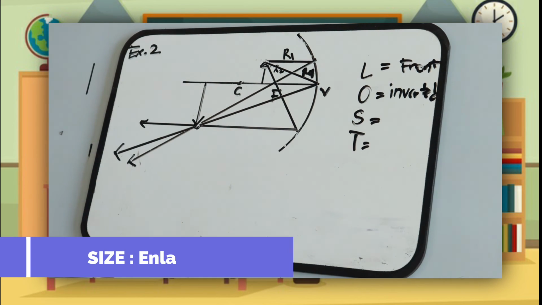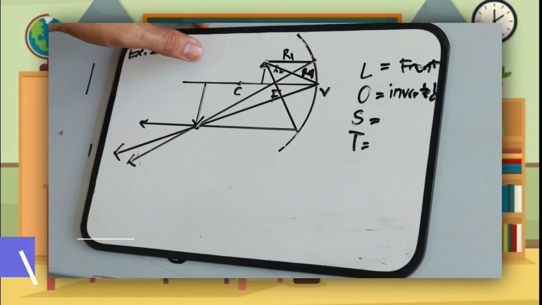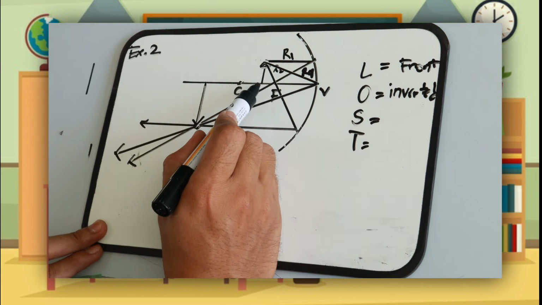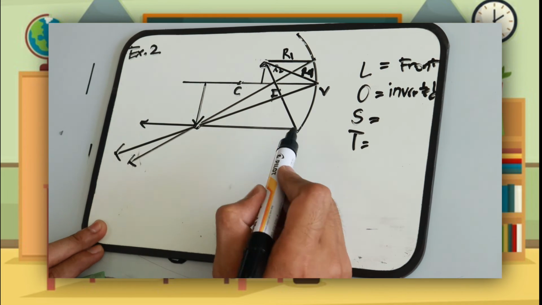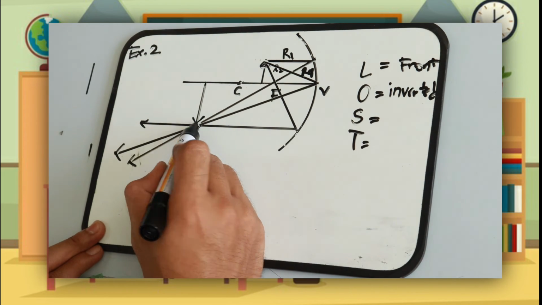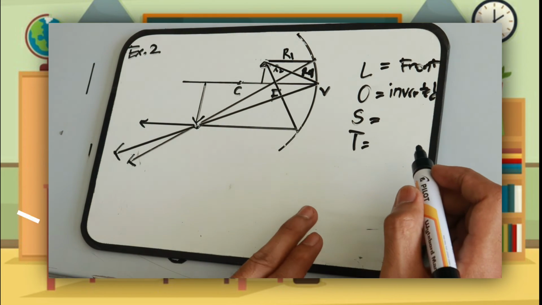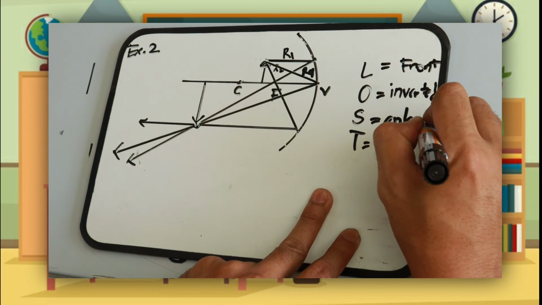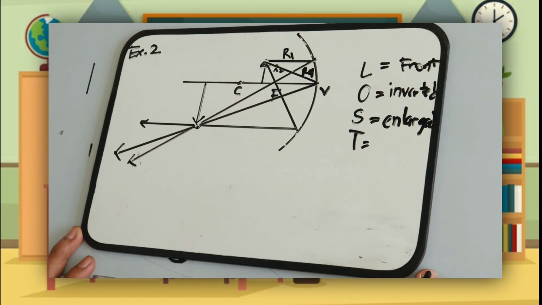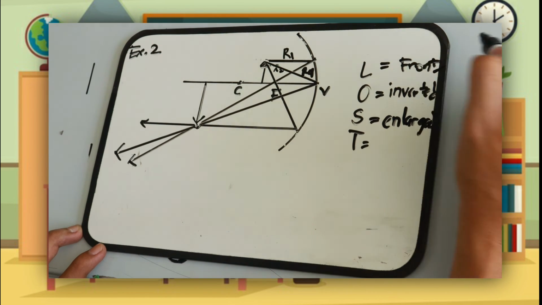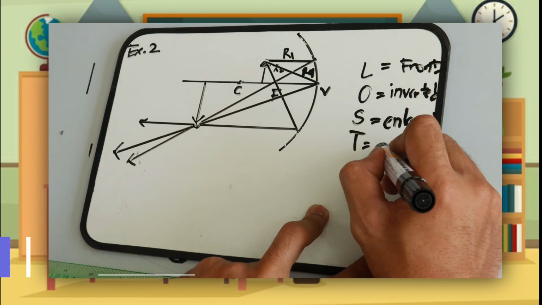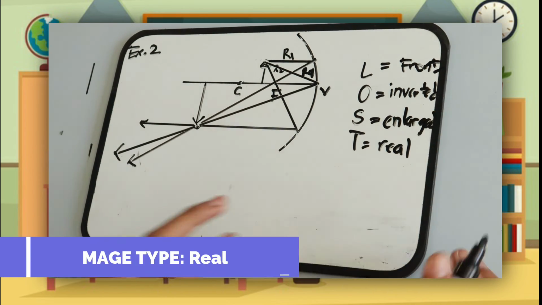Size, it is clear that the image is enlarged. As you can see, this is our object. After reflection, this is the result. So it is very obvious that the image is enlarged. So we will write enlarged. Then the type, since the image is formed in front of the mirror, it is very obvious that this kind of image is real.